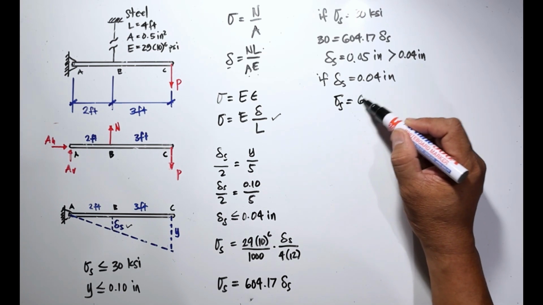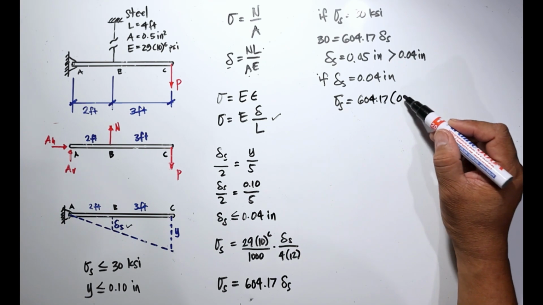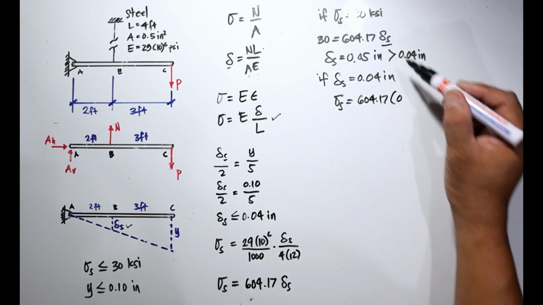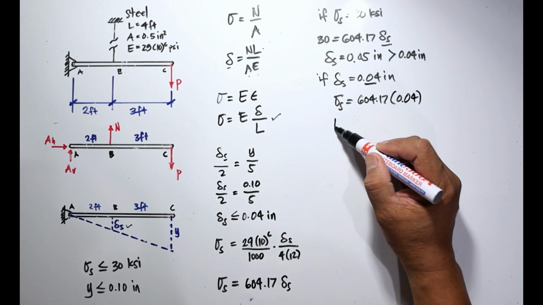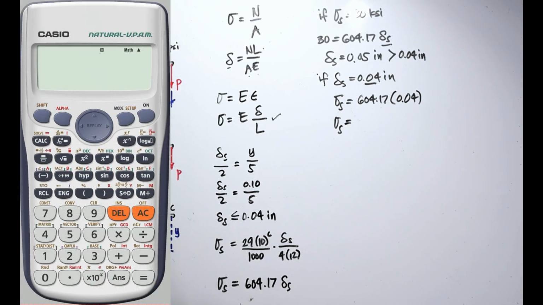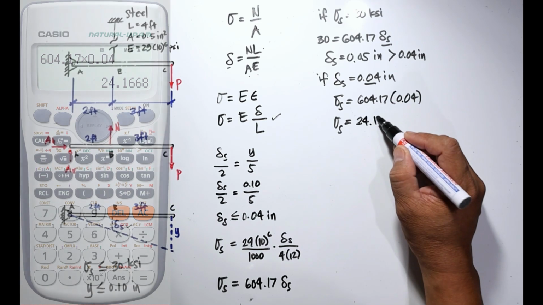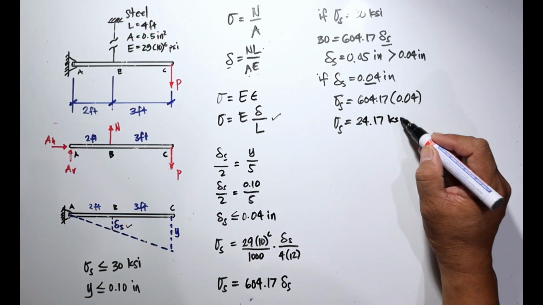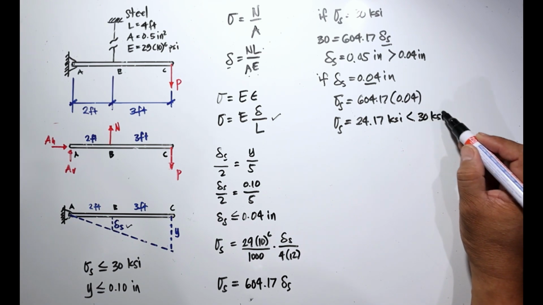That's 604.17 times the delta S, which is this one, 604.17 times 0.04 equals 24.17 ksi. This is less than 30 ksi.